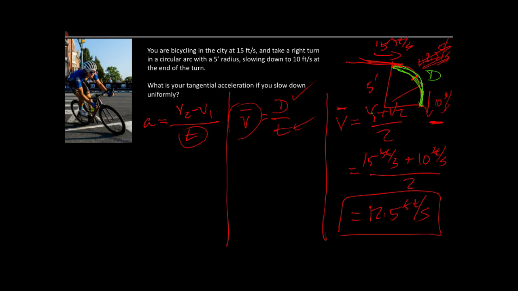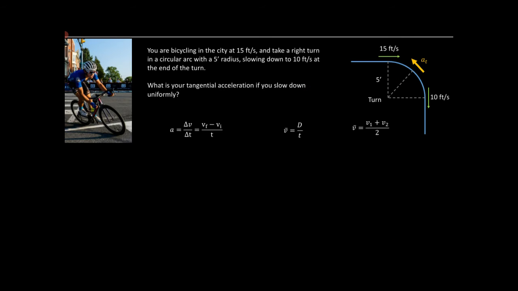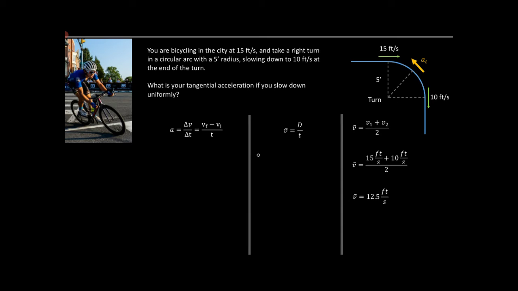So let's go on. Now we need to find D. Right. So V bar we said was 12.5 feet per second, and D is this quarter of a circle.